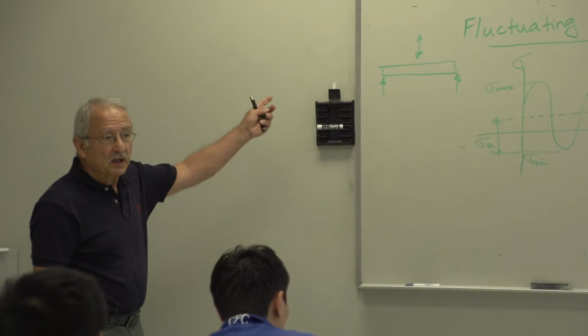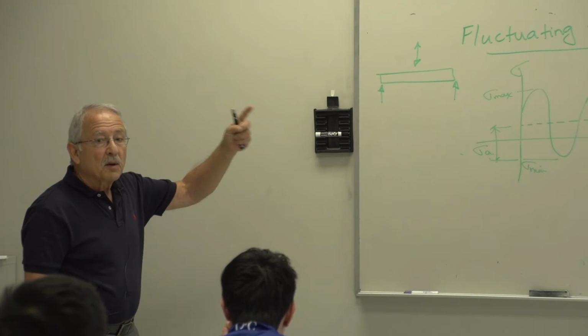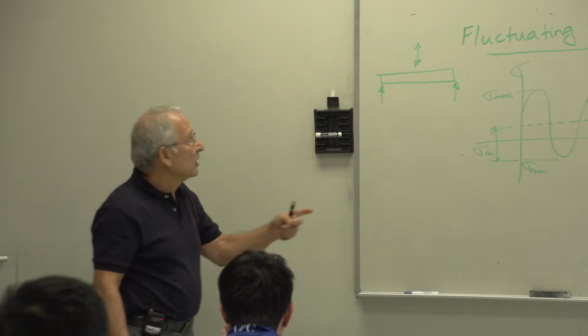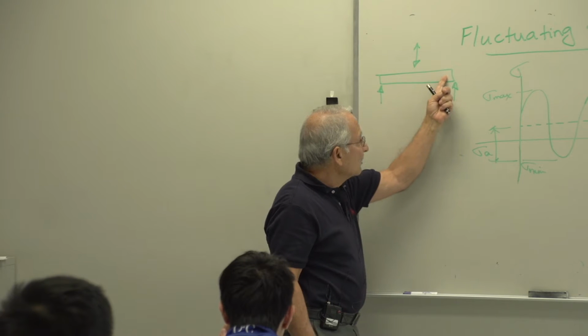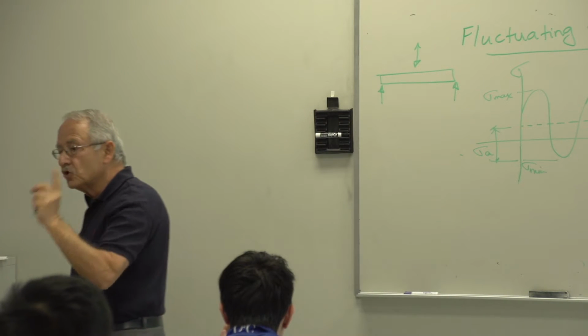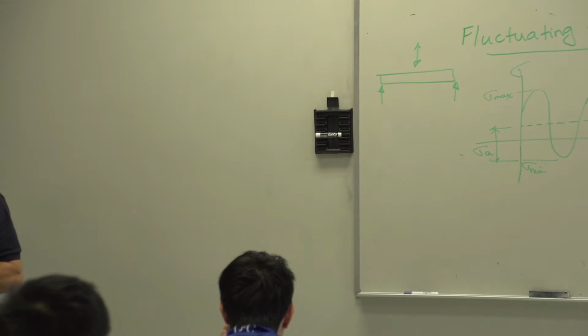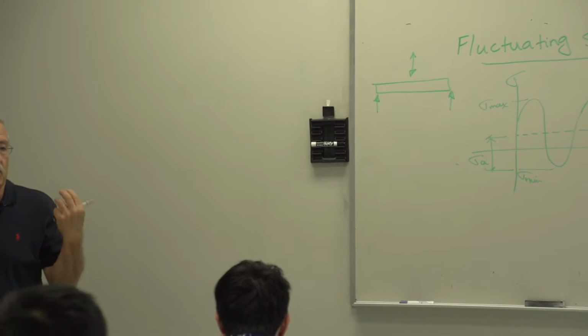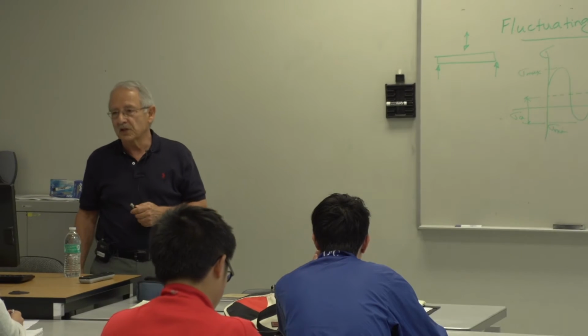And so we only look at the variation of that stress. But if we don't neglect the weight of the beam, then the stress that is generated by that weight will always be there, whether or not you have fatigue loading. That's called static load.